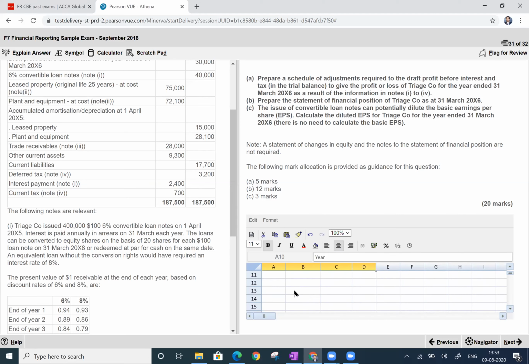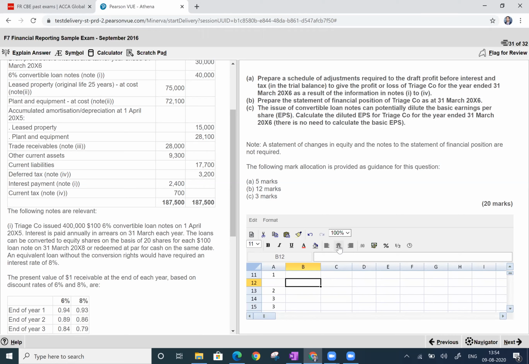So here, how many years? 3 years. 1, 2, 3. Cash flows, as you're aware, for the first 3 years, will be interest.